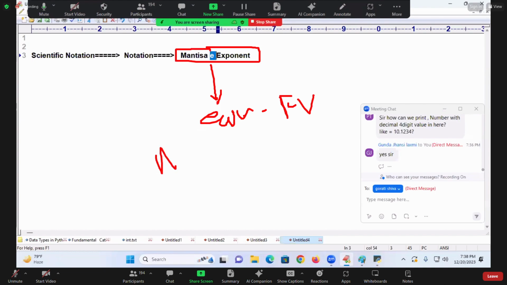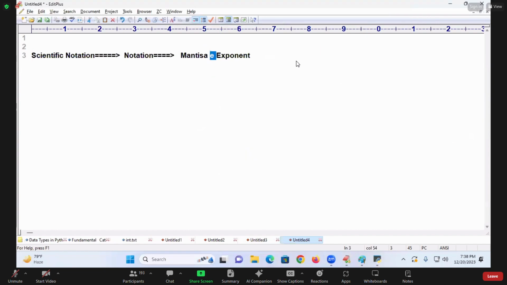You have to convert: mantissa into E, which stands for 10 to the power of exponent. I will convert scientific to float, and float to scientific.